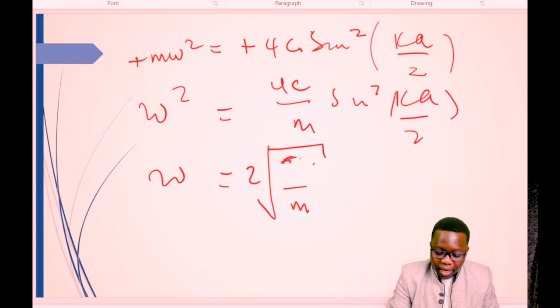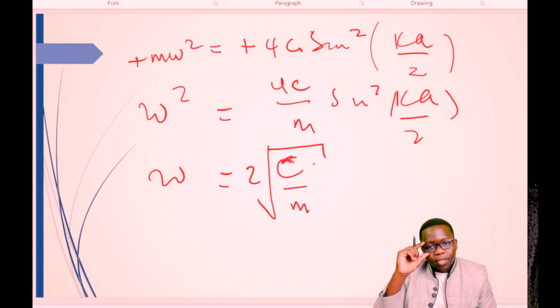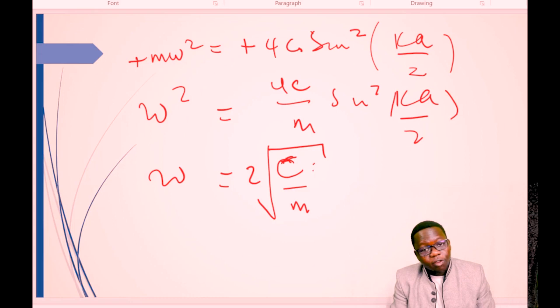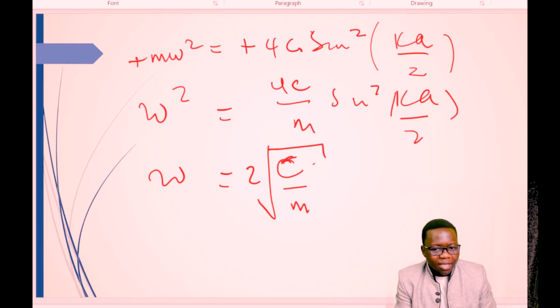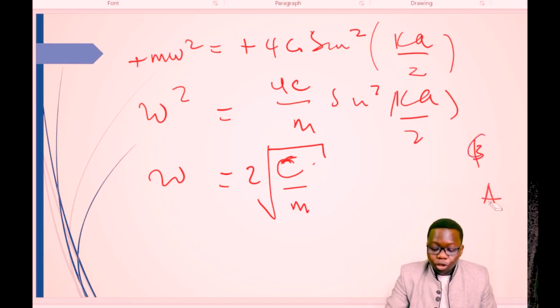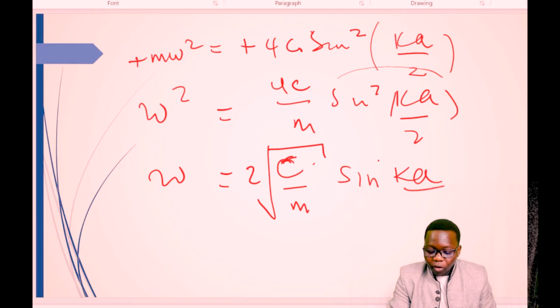Let's not get stuck on these constants because this is a proportionality constant that we got using Hooke's law, which we related these atoms to. Other books might use beta or something like that, so you don't have to fix yourself to this. So if you take the square root, we shall just have sine ka over 2.